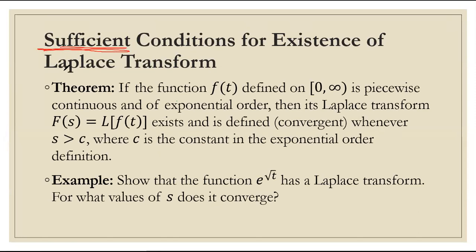The theorem will fail. The first condition: my function f is piecewise continuous. The second condition: exponential order. Then the Laplace transform exists. So two conditions, if both of them are satisfied, then you can say, yes, there is a Laplace transform. But if one of them isn't satisfied, you can't say anything.